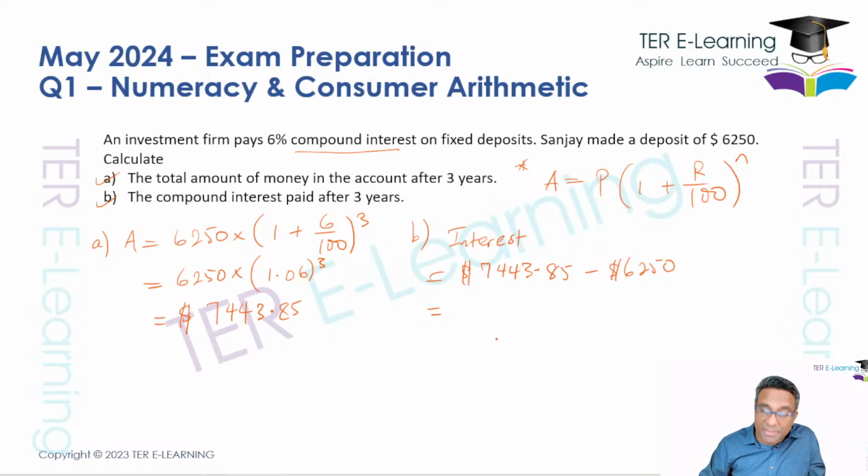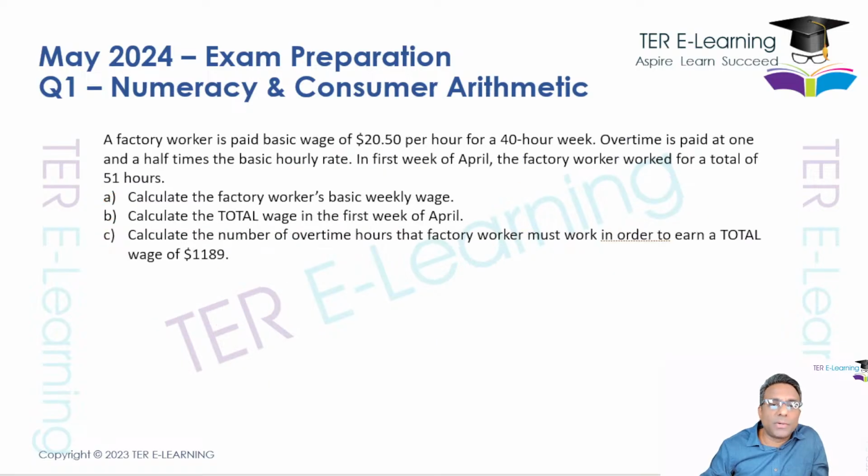So the actual interest that is being paid is given by this figure here, 1193.85. So that's on compound interest.